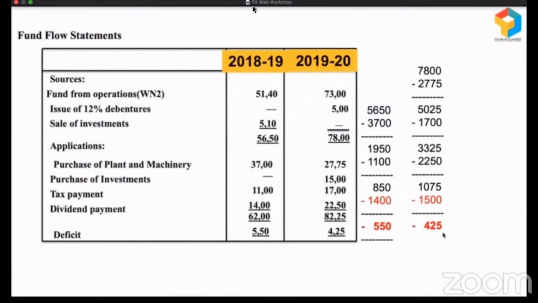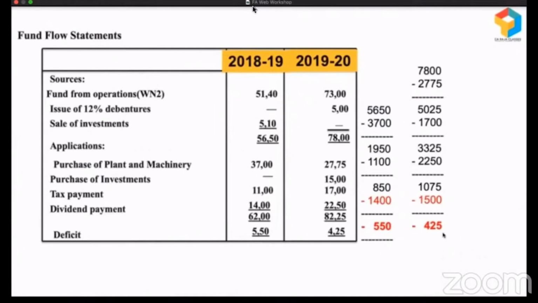It shows from where they got money, where they have used. See, they paid dividend in 2018-19 when they didn't have money. They invested in someone else's business in 2019-20 when they did have money. So this all shows the intentions, the integrity of the people behind the show as well, not just numbers.